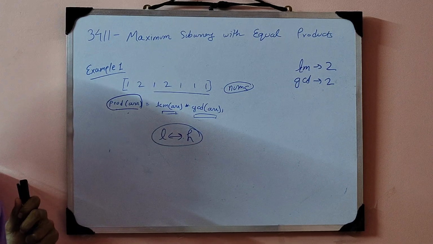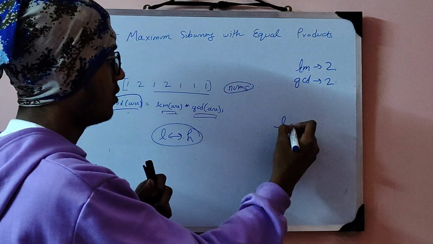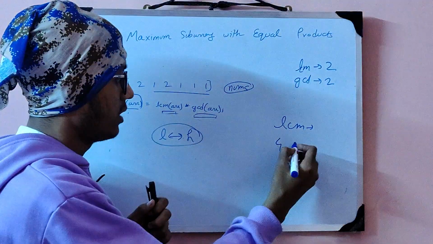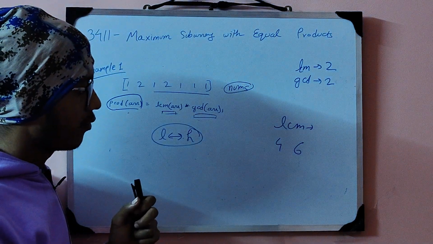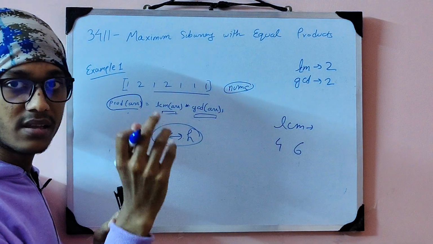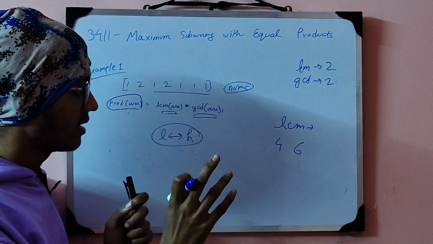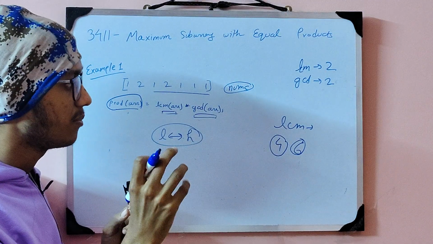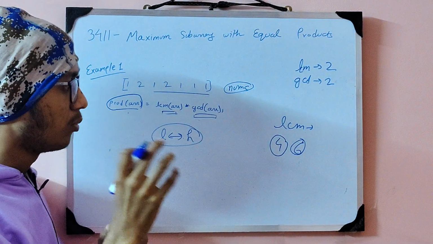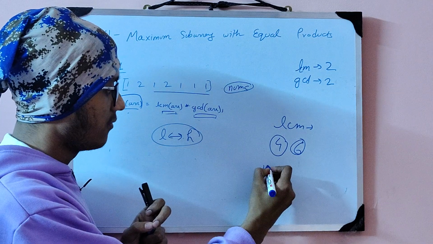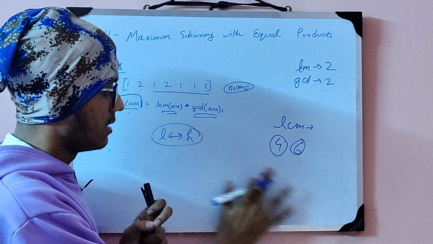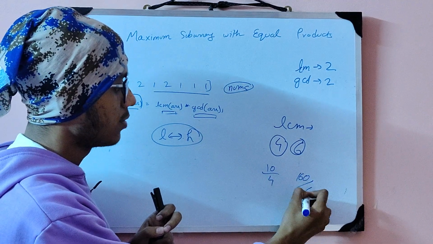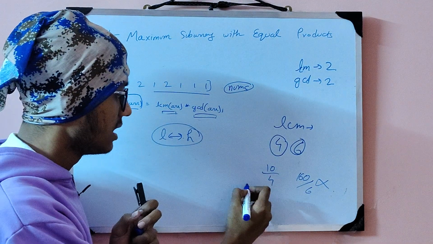I forgot to tell that LCM means lowest common multiple. Suppose 4 and 6 are here, and LCM means what number is completely divisible by both of these numbers, the lowest such number. Is 10 by 4 completely divisible? No. Is 10 by 6 completely divisible? No. So 10 can't be our answer. 11?